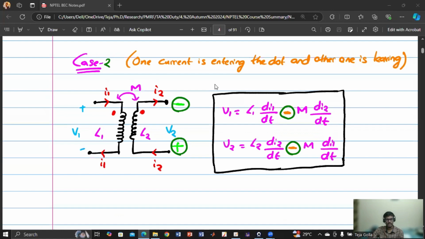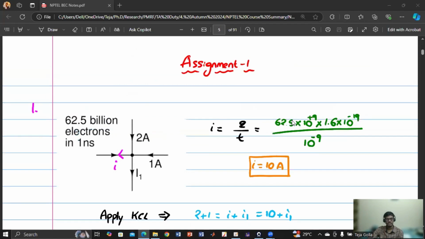If the current is entering one dot and leaving the other dot, then we have a minus sign for the mutual inductance term. These are very simple and straightforward, but you should not make any mistake while solving the problems.